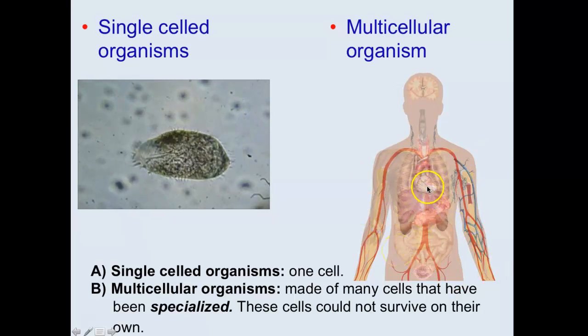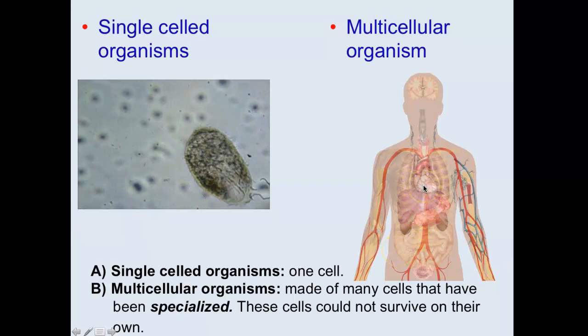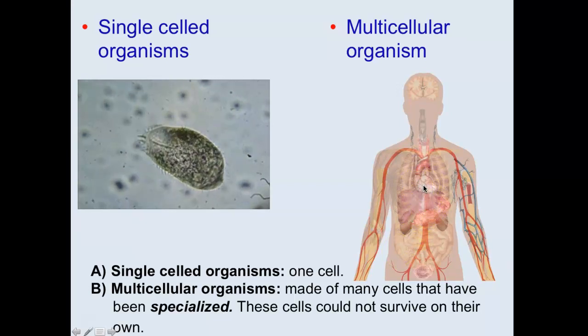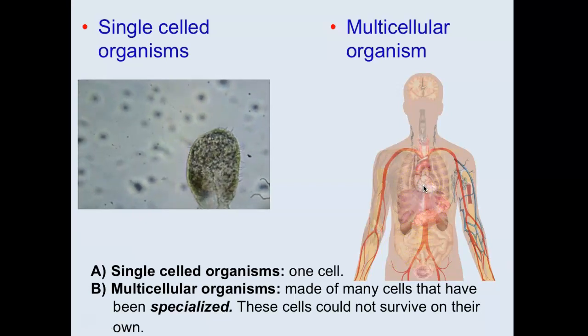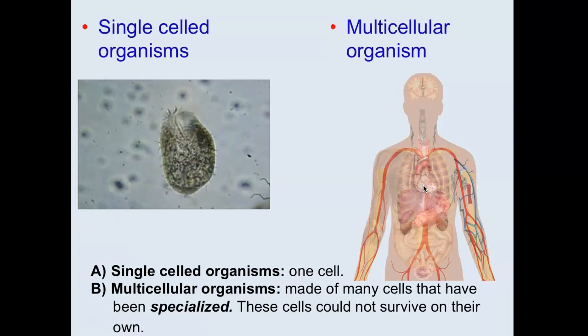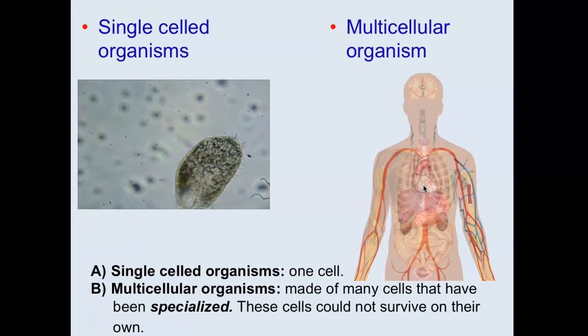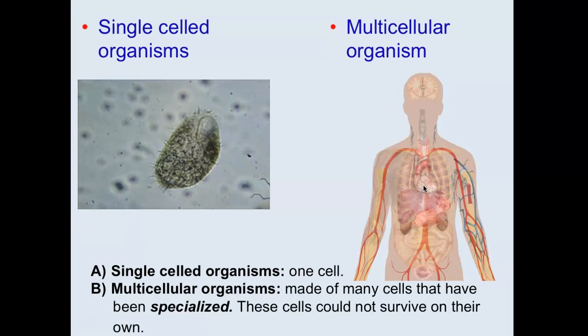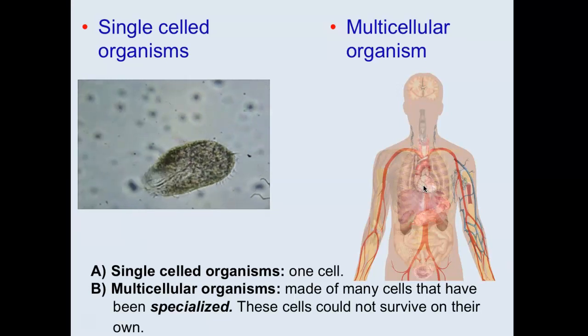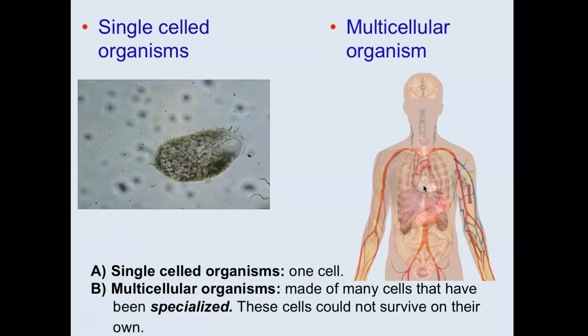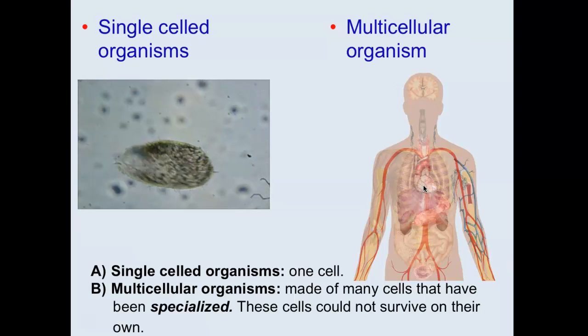If you think about the heart and a cardiac muscle cell, those cells can't digest food. They don't have a nervous system. They don't have the ability to break down the food that we eat, right, to extract the energy. So it depends on the entire organism to survive.